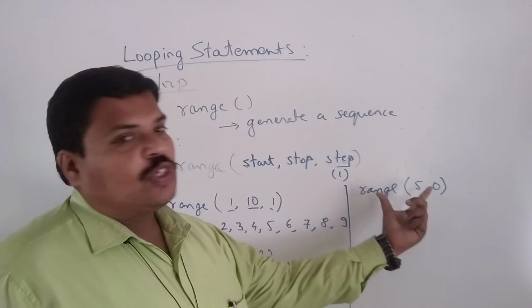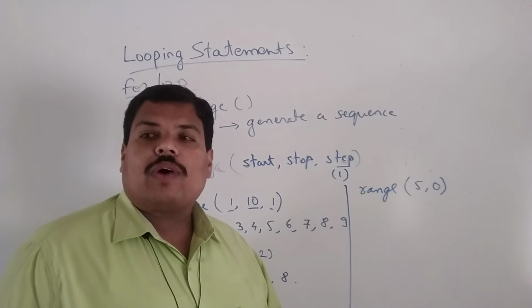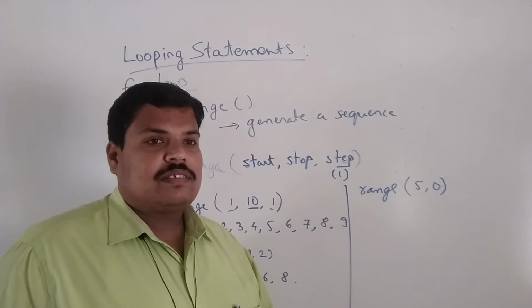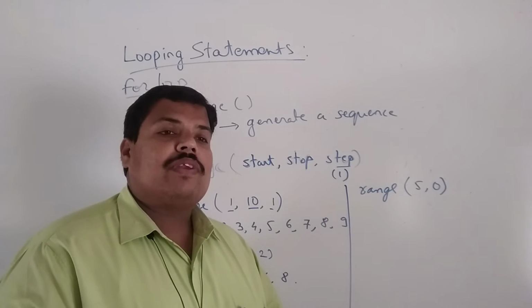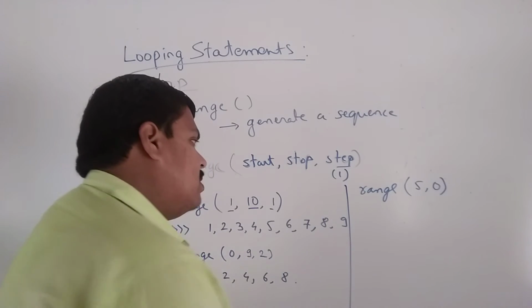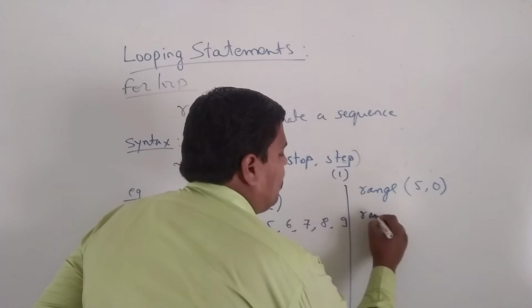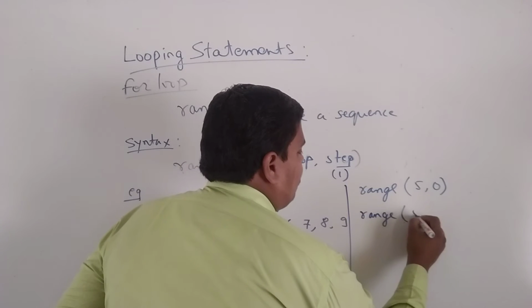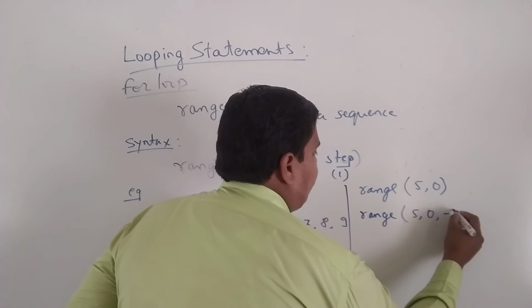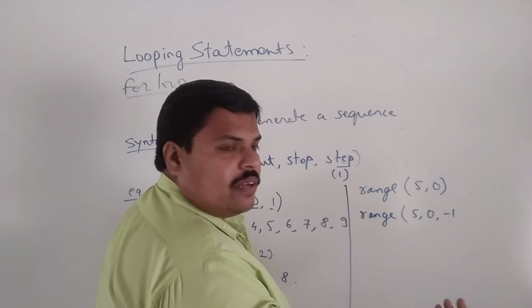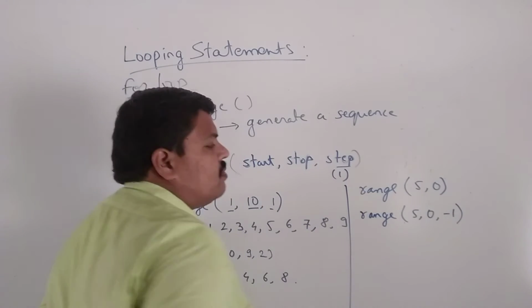So for this to execute, what is required? Step. Yes, step. And what step will it have? -1. Yes, very good. So it can have -1 or -2 you can give. Now what will be the output of this?